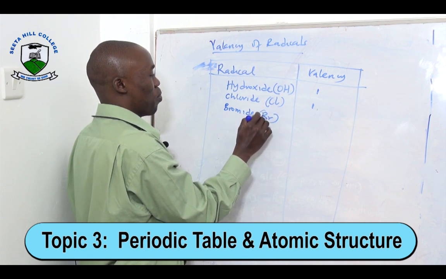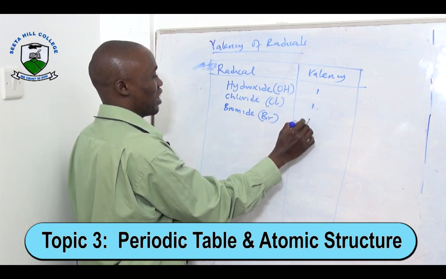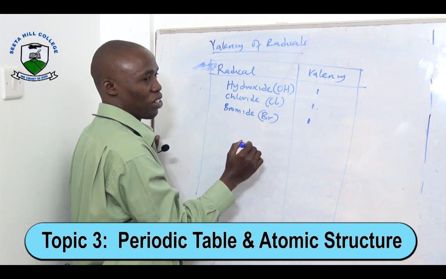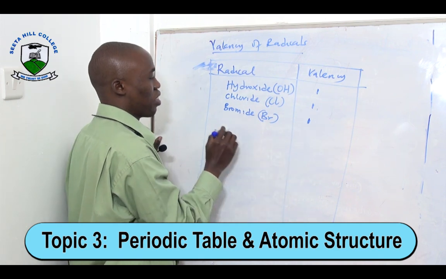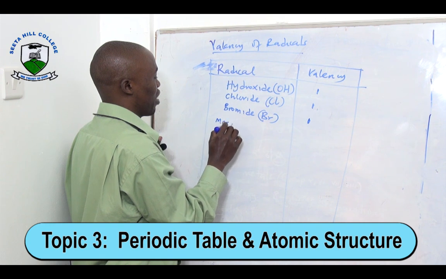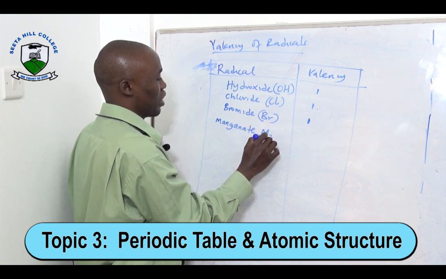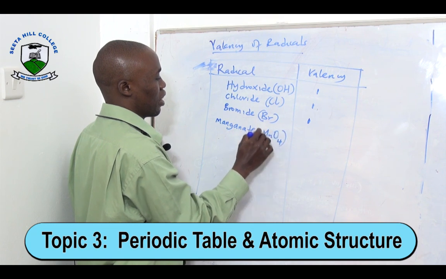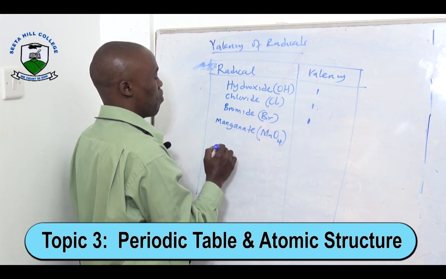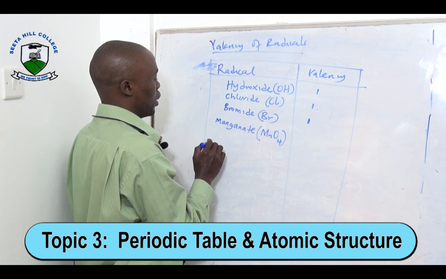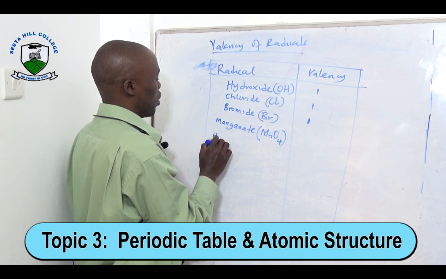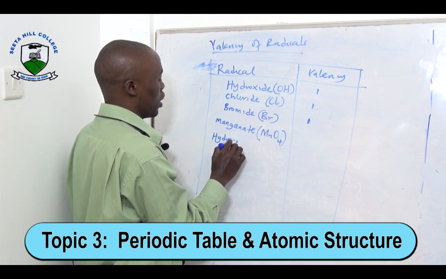Yeah, bromide, sulfate. Sulfate also has a valence of 2. Nitrate, manganate, all have valence 1. So there is what we call hydrogen carbonate.